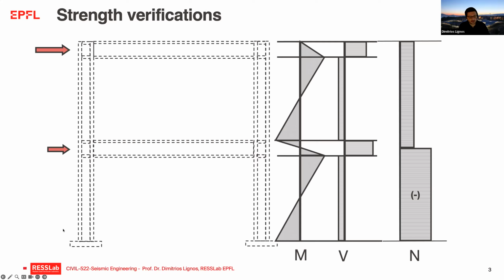In typical design classes, for instance, this is an example from a frame structure. Usually what most of you are familiar with is that you essentially get the forces that you anticipate on a structure. So in this case, I have lateral loading in the structure at this level and at this level.